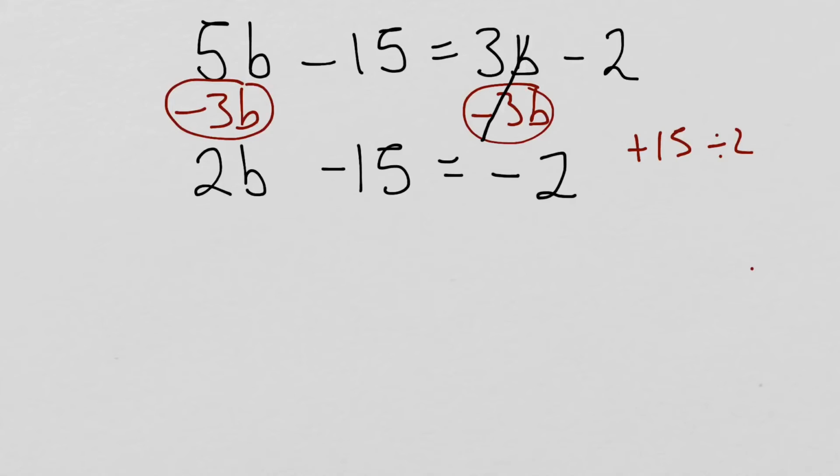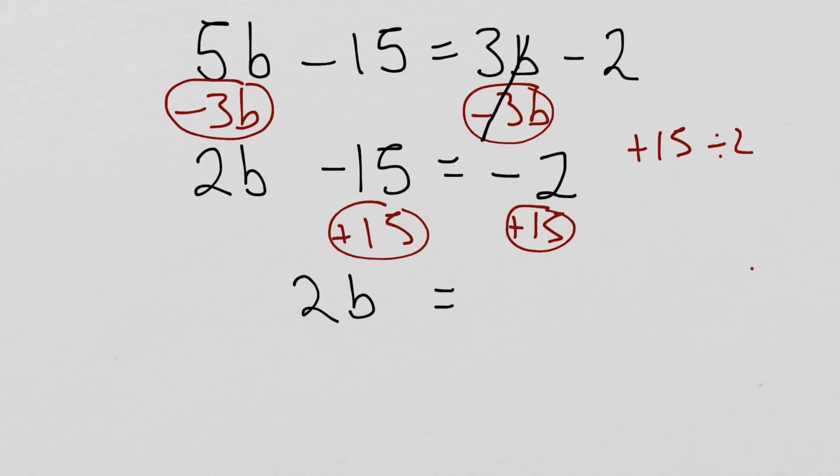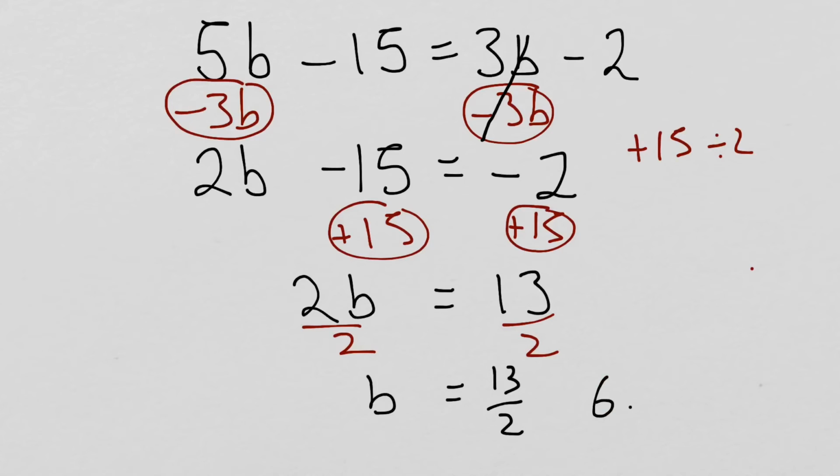So let's quickly do those steps. Add 15, add 15. So we've got 2b equals minus 2, add 15. That's exactly the same as 15, take away 2, which is 13. Now divide by 2, divide by 2, which is b is equal to 13 over 2. And again, we can change that to a decimal, which is 6.5.